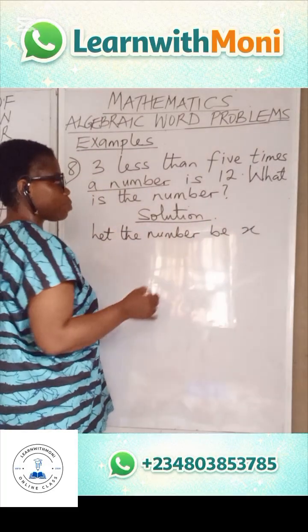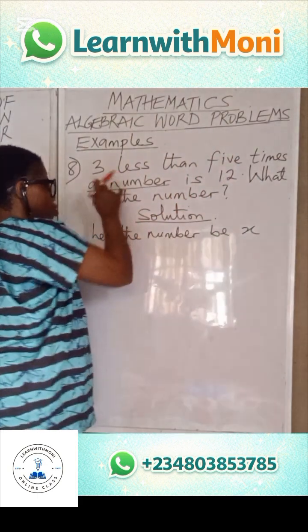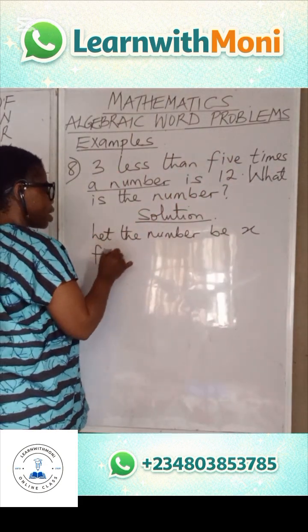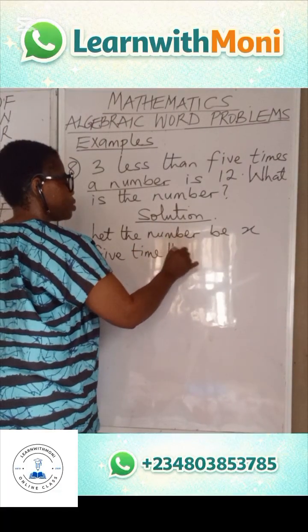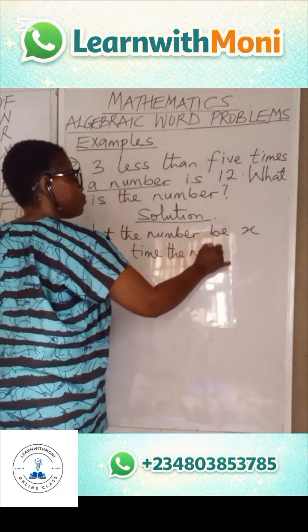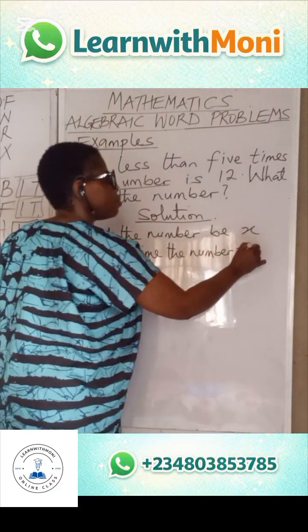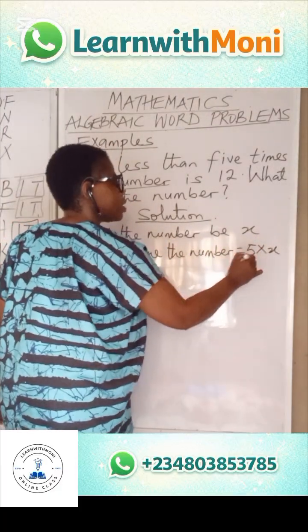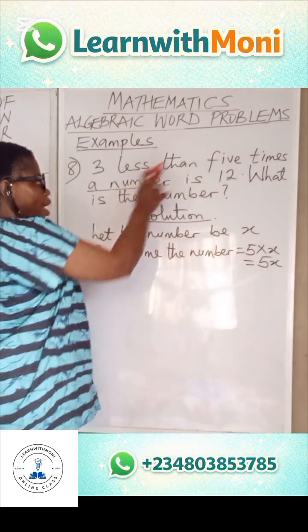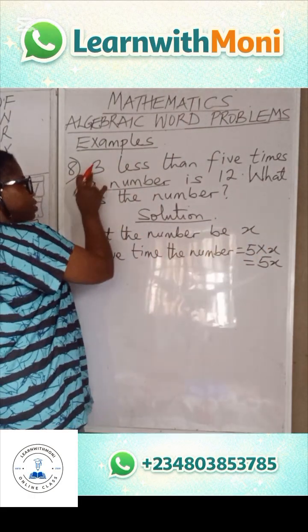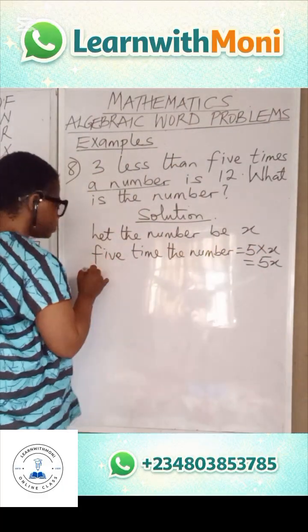So let's start interpreting one after the other. 5 times a number. 5 times the number means 5 times x. And that gives me 5x.